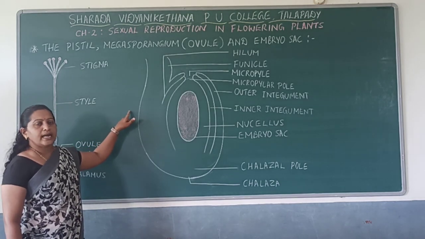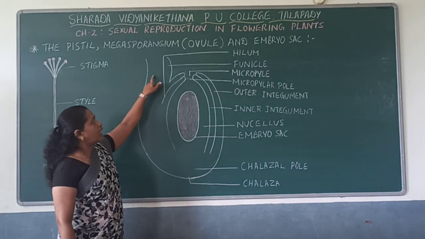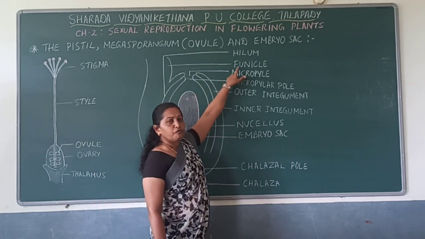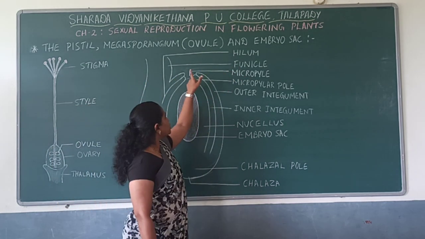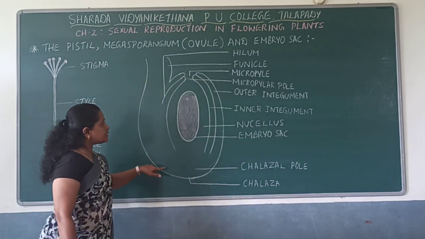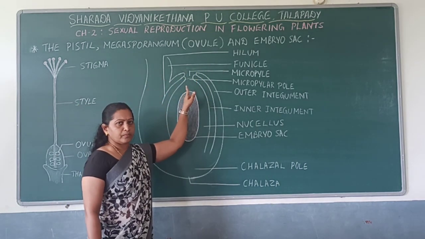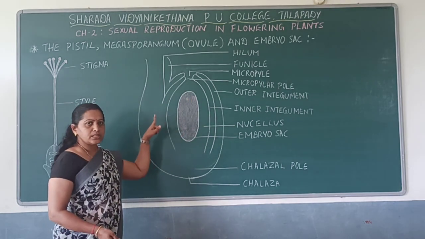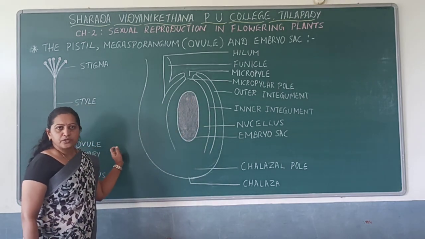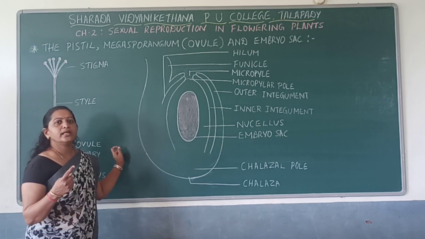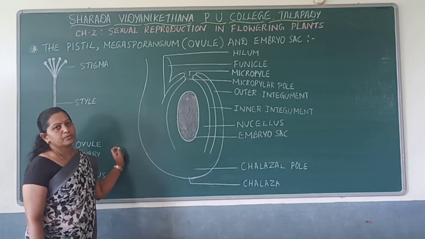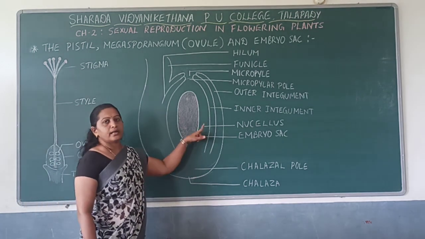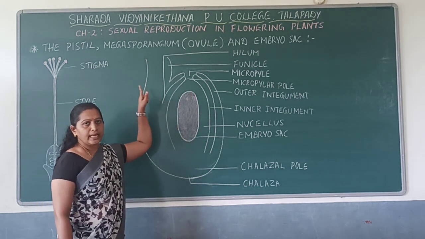Ovule is usually attached to the placenta with the help of a stalk known as funicle. Here the ovule is represented in an inverted way, because in the majority of angiospermic plants, that is more than 90% of them, the flower has an inverted ovule.